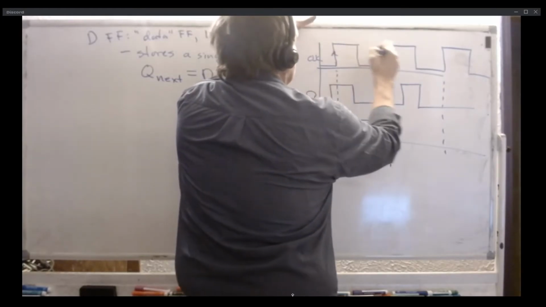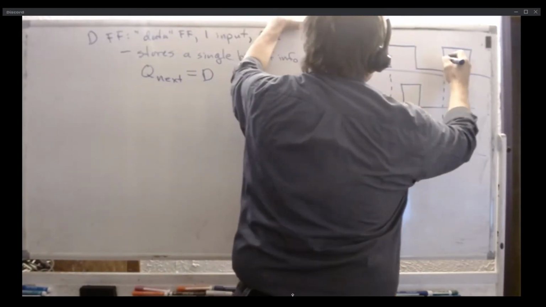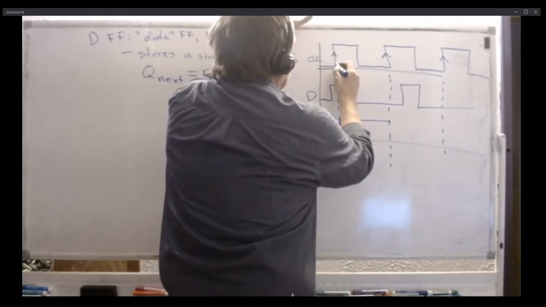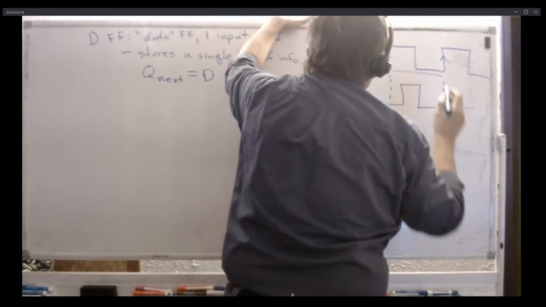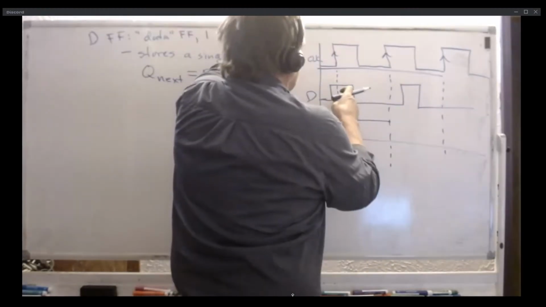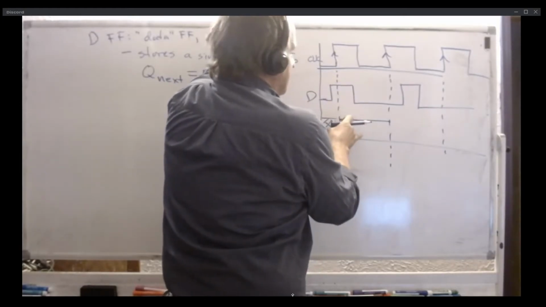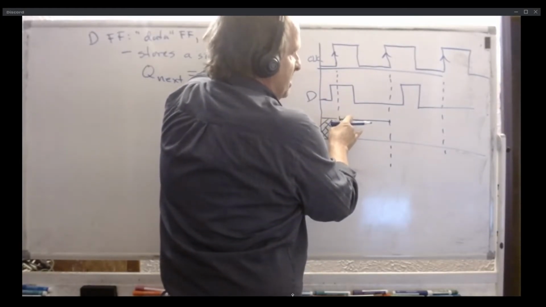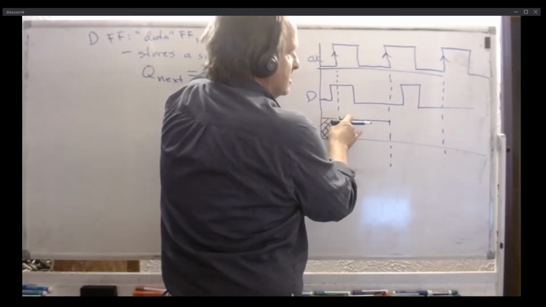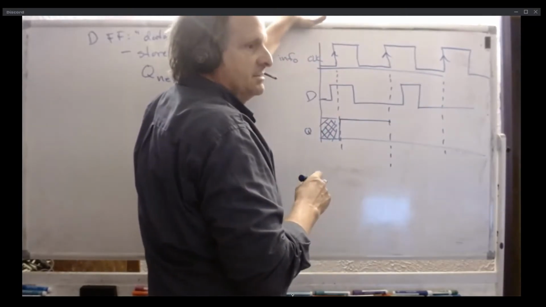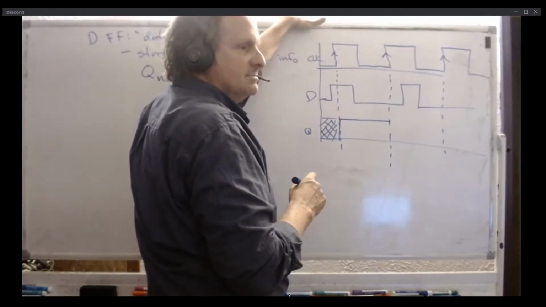So we said it's a rising edge triggered device. So every rising edge, whatever value D is gets transferred to Q. Does that make sense?